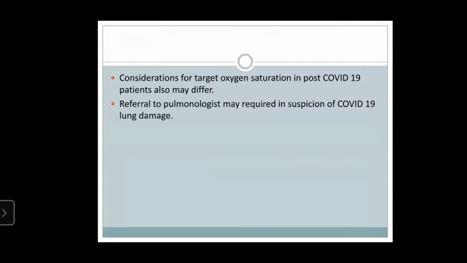Okay. As I mentioned previously, consideration for target oxygen saturation in post-COVID-19 patients also may differ because some patients may only have mild to moderate organizing pneumonia, and some patients already have pulmonary embolism affecting their lung, and referral to a pulmonologist may be required in suspicion of COVID-19 lung damage.